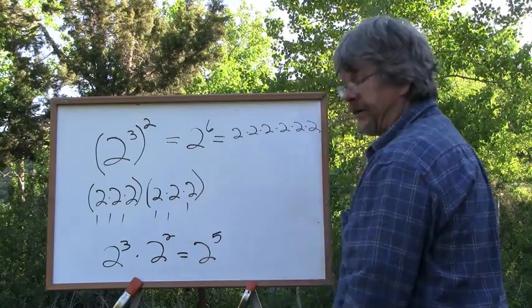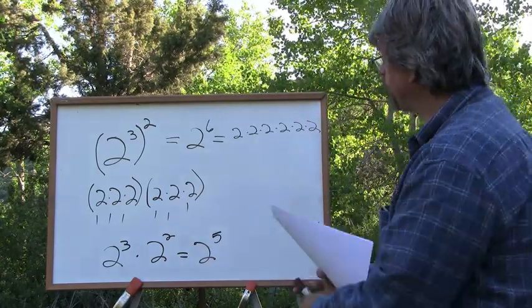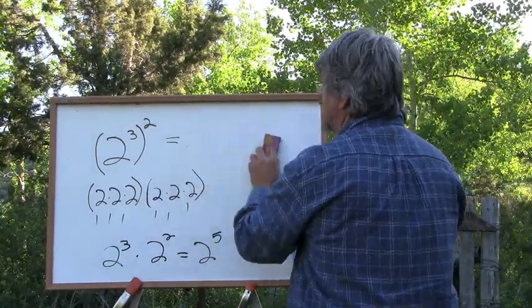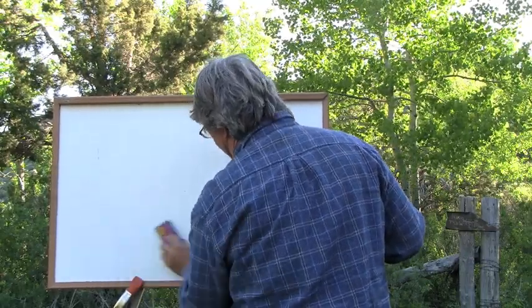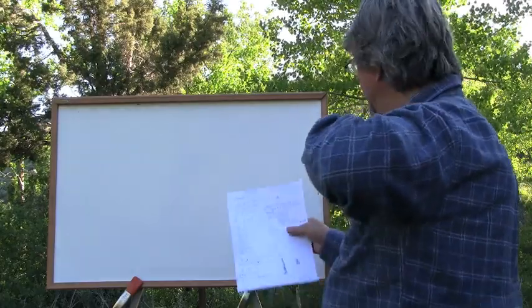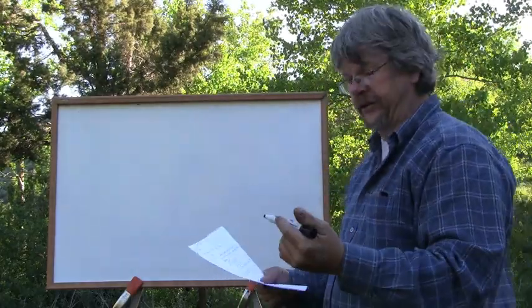This equals 2 to the 5th. See how that works? It's a very interesting and important distinction to make in how to multiply exponents. With that idea in mind, as we begin to work equations, we will easily begin to master these techniques, these rules as it were.